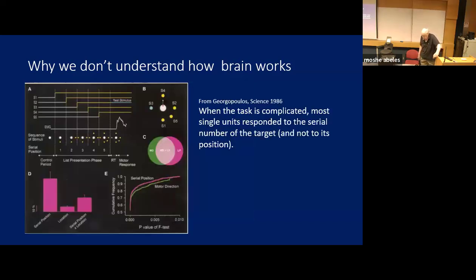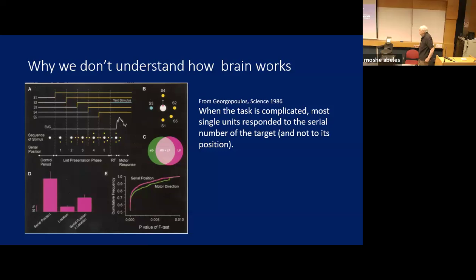So this is taken from the book 101 Ways to Make Your Subject Crazy. So that's what the monkey has to do. He presses a button, and then after a while, target 1 is turned on. So target 1 is down there. After another half a second, target 2 is turned on.